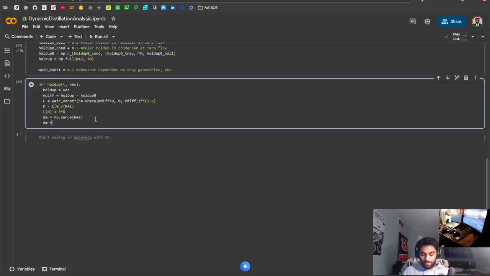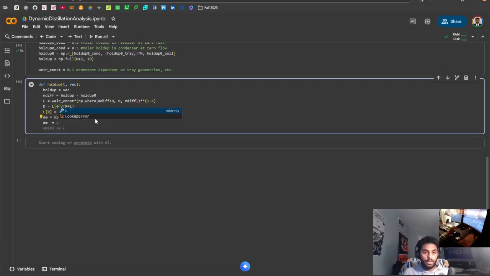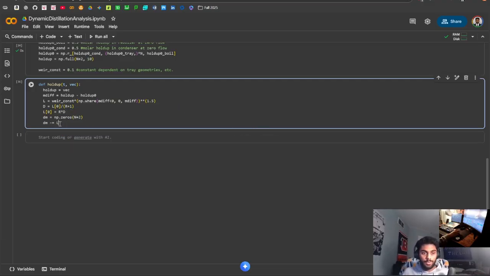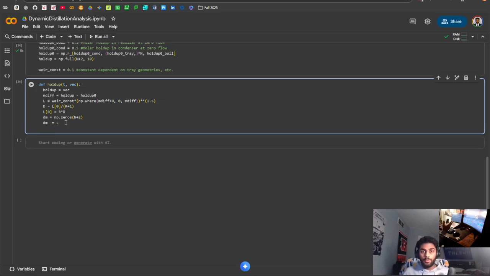Now the first step is that we want to subtract our liquid flow rates first. These are going to be the liquid flow rates exiting each of our trays. But we realize that at the very top, the liquid that exits is not necessarily what is in our array. It is that distillate flow rate. Remember that we have the reflux ratio, so we need to account for the fact that some of that liquid is leaving as distillate, and then some of that liquid is being recycled in our distillation column.